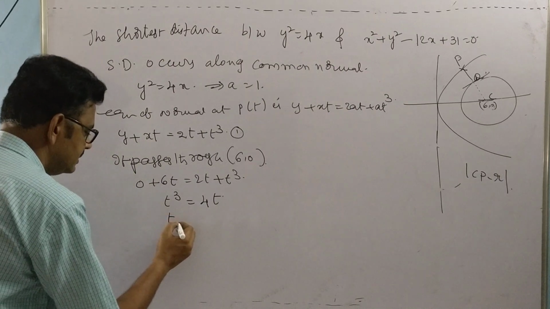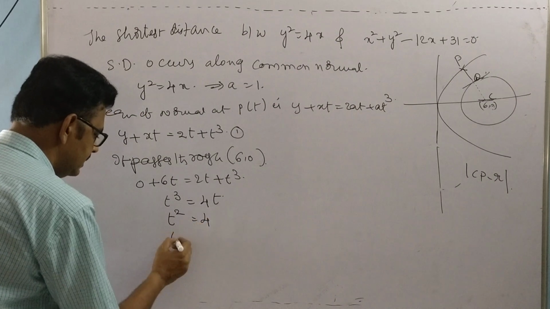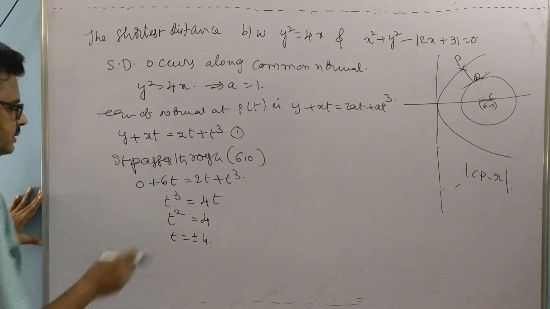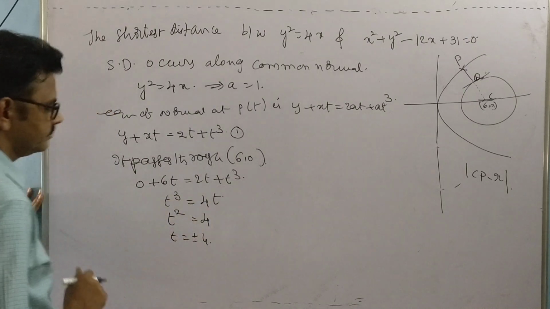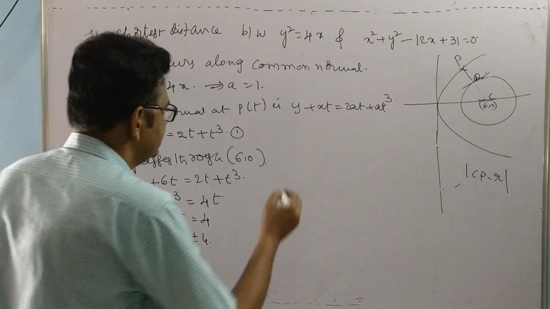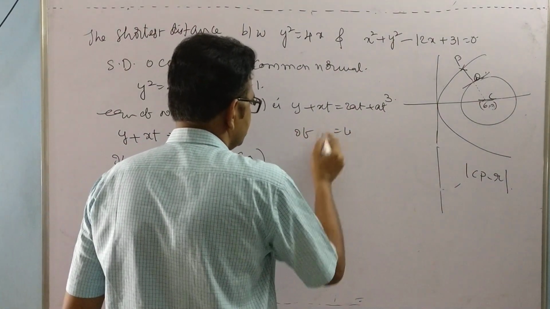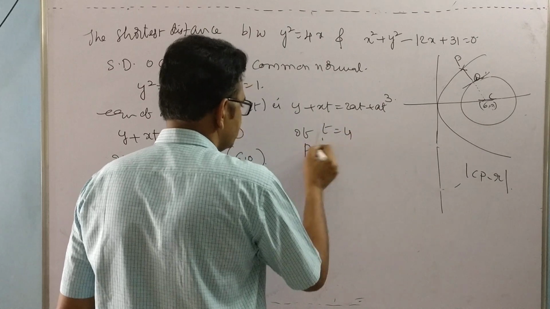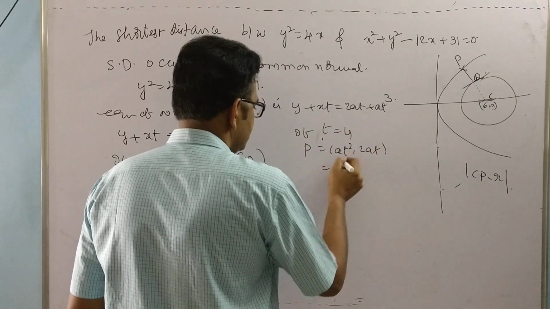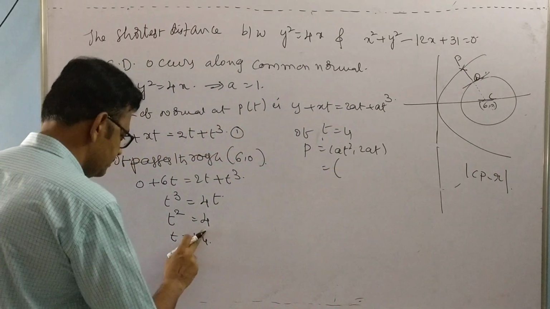Therefore t square equal to 4, t is equal to plus or minus 2. t equal to 0 is also a point. Then the coordinates of P are (at square, 2at). Here a is 1.